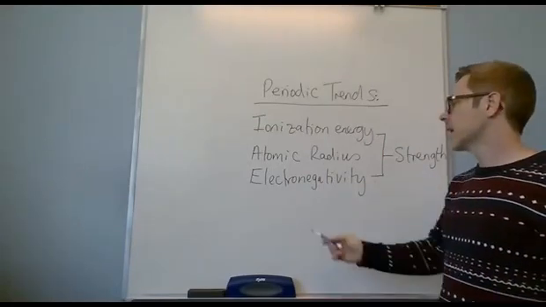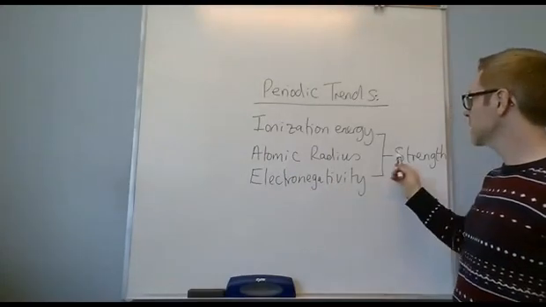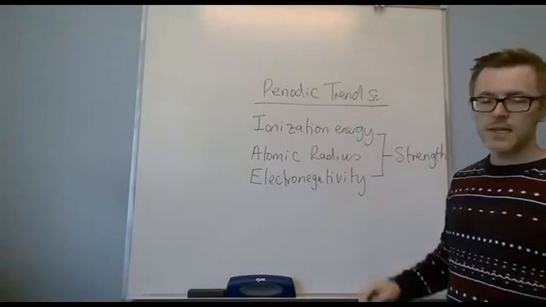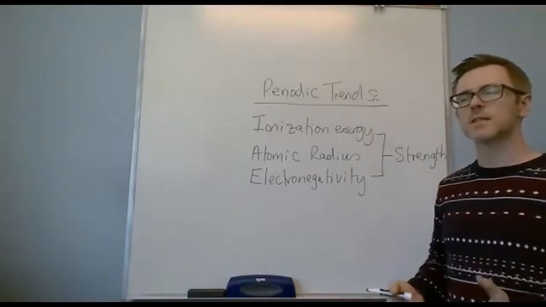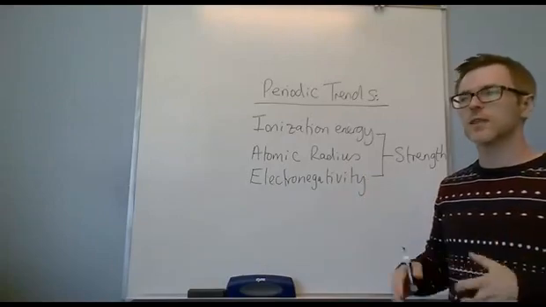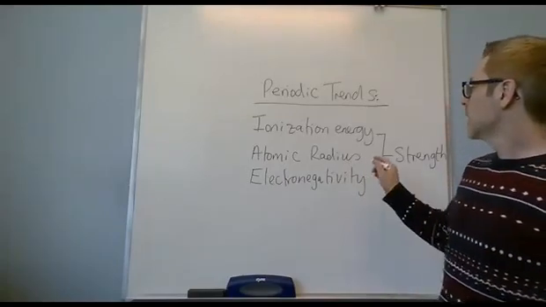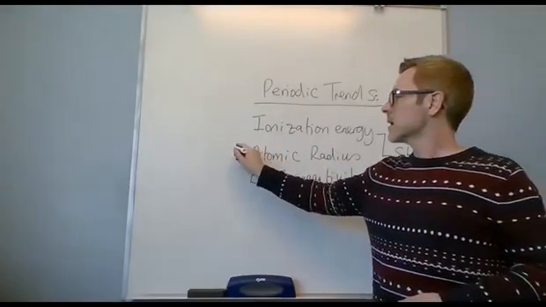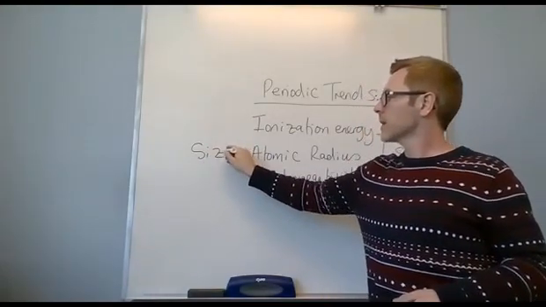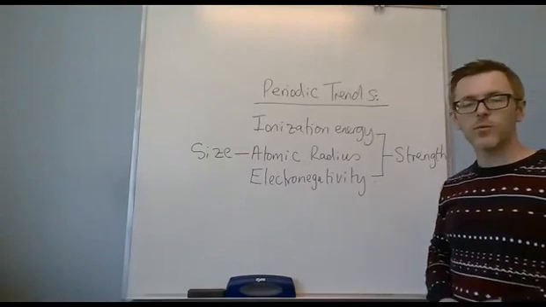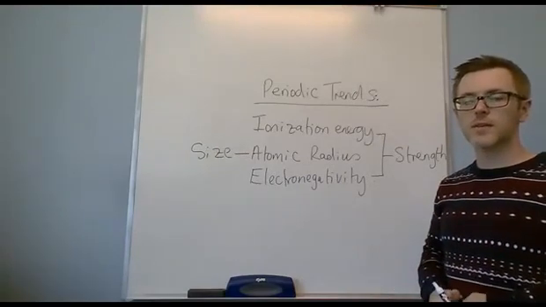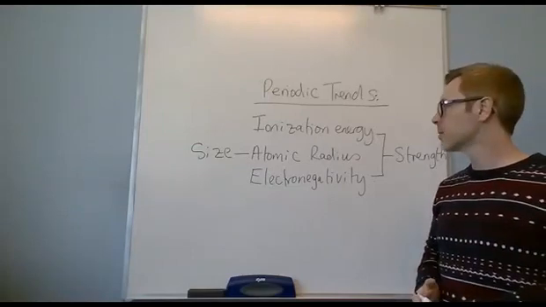If an element has a high electronegativity, it has a high strength. So electronegativity and ionization energy are two different ways of looking at the strength, the vernacular strength of the element. Atomic radius is obviously looking at the size of the element. So in Chem 65, we're interested in the size and the strength of elements in the S and P blocks of the periodic table.